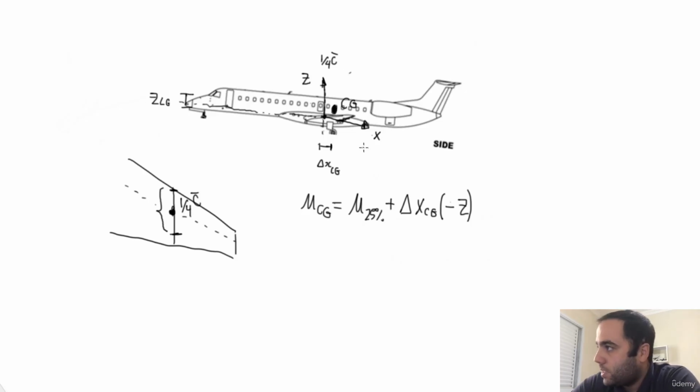here. And as I drew here, we also have a negative X force. When multiplied by this lever arm here, it's going to generate also a nose down pitching moment.